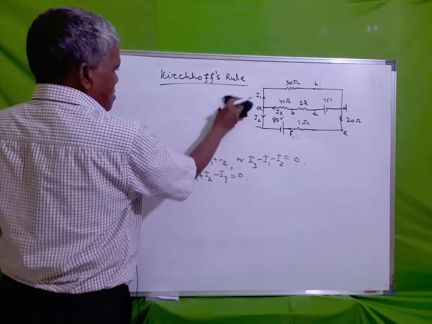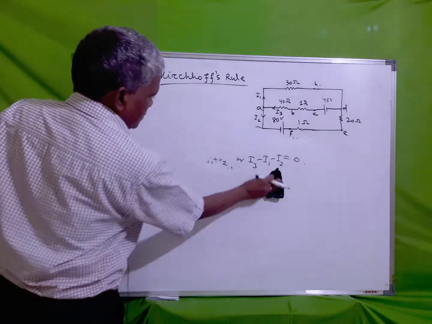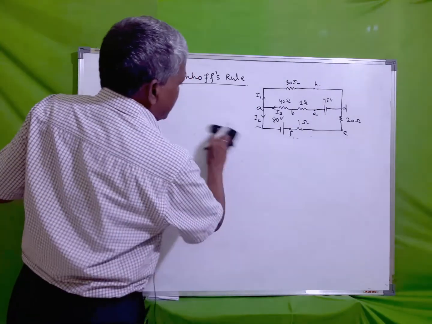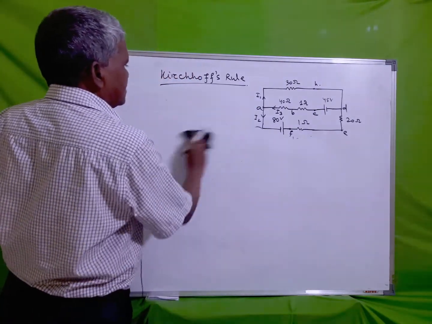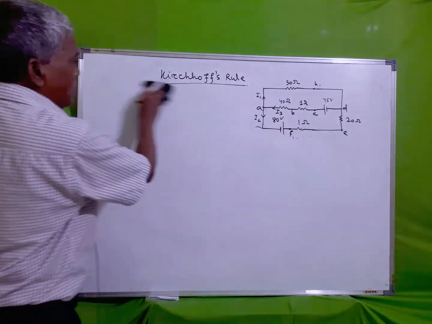In a simpler way, charge is conserved according to the first rule.